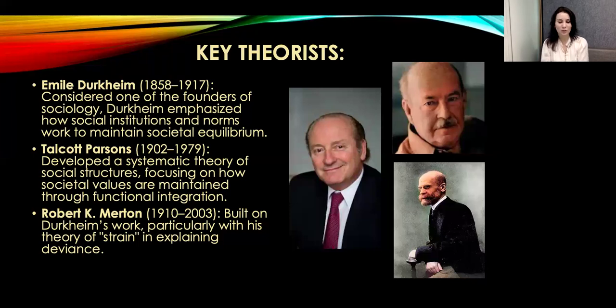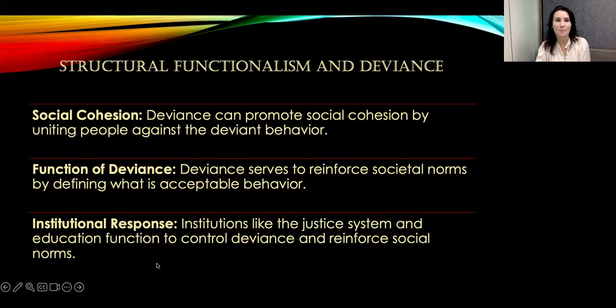So according to structural functionalists, crime has a role in society. We will discuss in a bit. And as I mentioned, it just kind of keeps people aware of what is right and what's wrong, and it can also help to keep order in society.